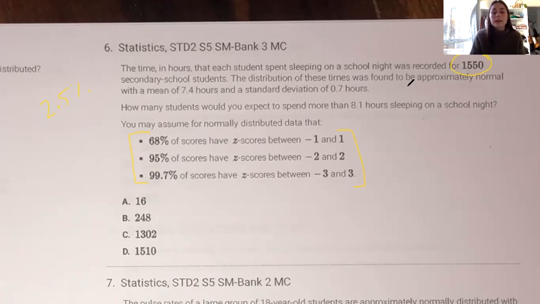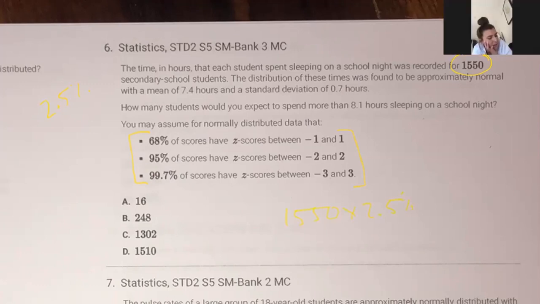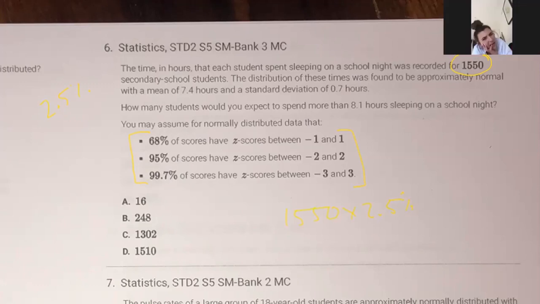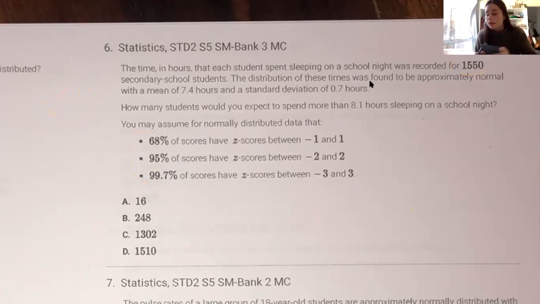So say we get 2.5%, they'd want us to figure out how many people that actually was. So you'd have to do 1550 times 2.5%. Does that make sense? So instead of just leaving it as a percentage, they've given us the information to turn it into an actual number. It's just another step you have to do at the end.